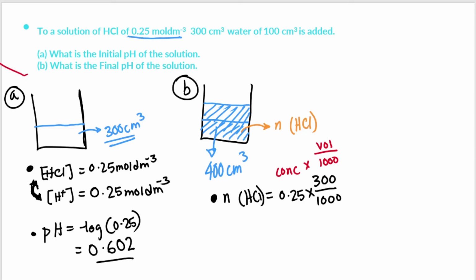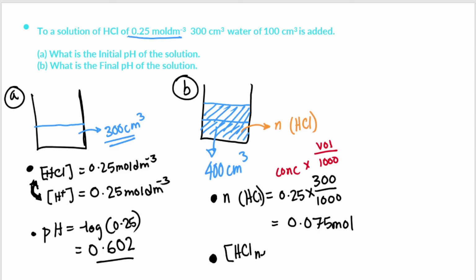Therefore, we must convert it to dm cube. Therefore, the moles come to 0.075 moles. And the new concentration of HCl must be found.